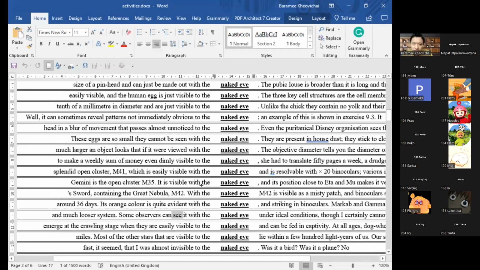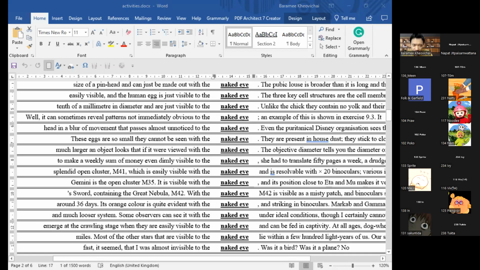So essentially, I guess you might now see that they are all related to seeing, right? It's all about visibility. It's about vision. So these are the words that tend to occur on the left of naked eye. From the study by John Sinclair, these are examples.